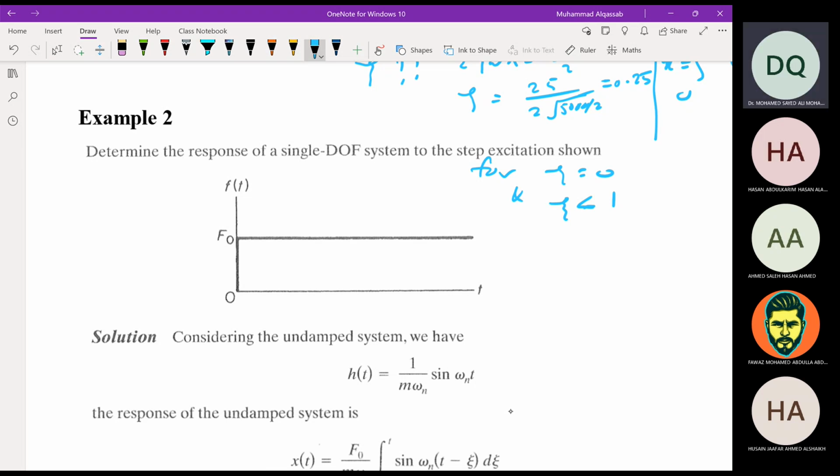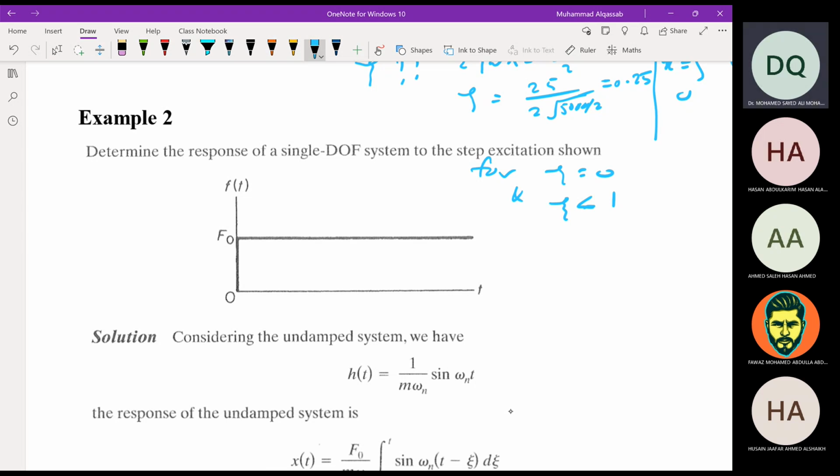So this will have less effect on the response than the step excitation, because the force is applied gradually. It depends on T1, of course, but it is applied gradually until it reaches F naught. So this is the same thing. This is a force, F of t.